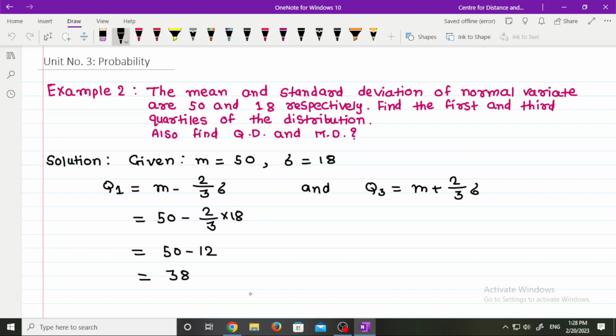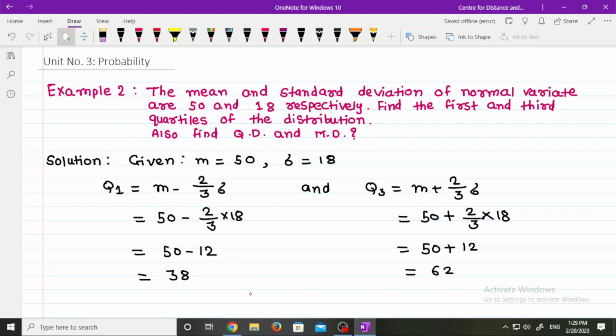Q3 is equal to m plus 2 by 3 sigma, which is equal to m, that is 50 plus 2 by 3 into the value of sigma is 18, which is equal to 50 plus 12, which is equal to 62.